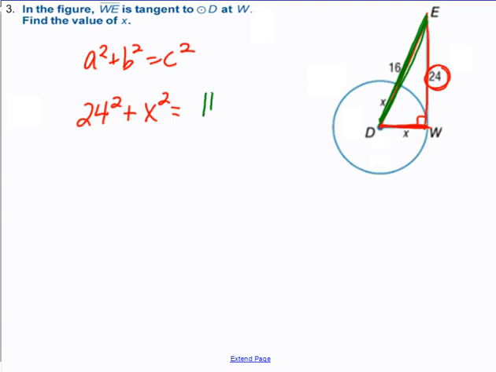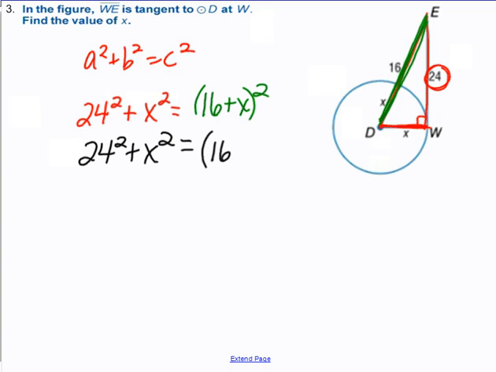So 16 plus X squared. You know what that means? I'm going to have to math pretty hard. Okay, so this is 16 plus x times 16 plus x.